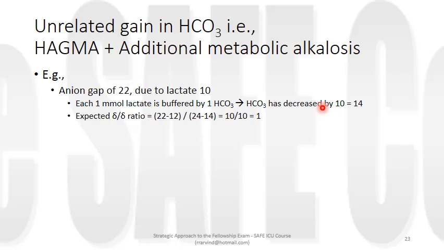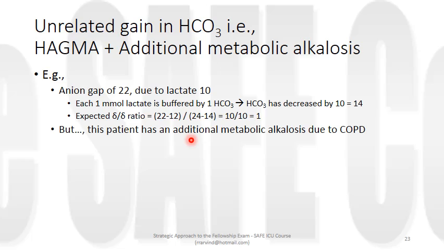The expected delta-delta ratio, just like previously, is 1. But because this patient has an additional metabolic alkalosis, for example, maybe he was a COPD patient and a CO2 retainer, his bicarb is not 24, but his baseline bicarb is, say, 29.